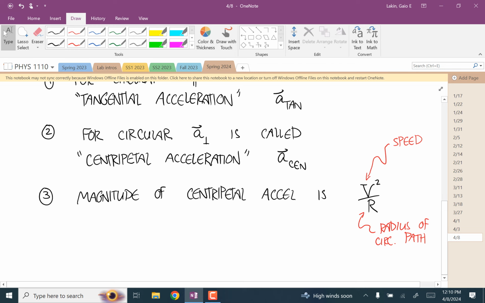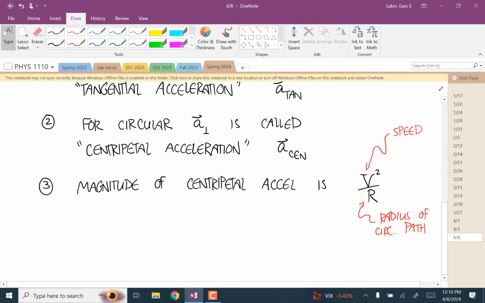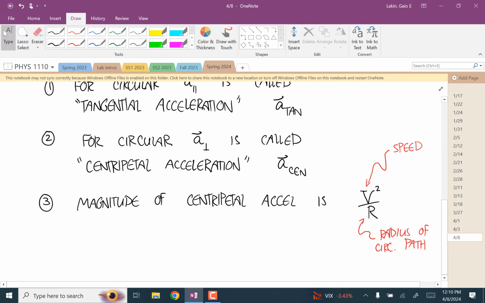Okay, well, this is kind of an amazing fact. I mean, you certainly don't know this for any other type of motion. Basically what this says is if you want an object to keep turning in the particular way that keeps you in a circular path, this is how much you have to accelerate toward the center to keep turning that amount. It doesn't work for any other type of motion, but it works if you're along a circular path. And that's really all of the new stuff.